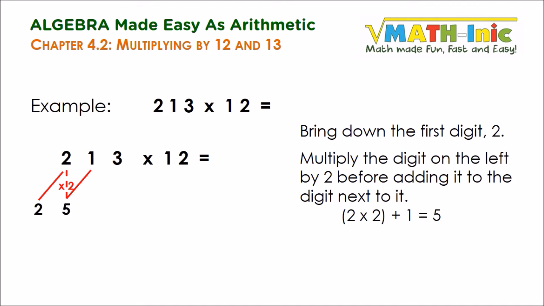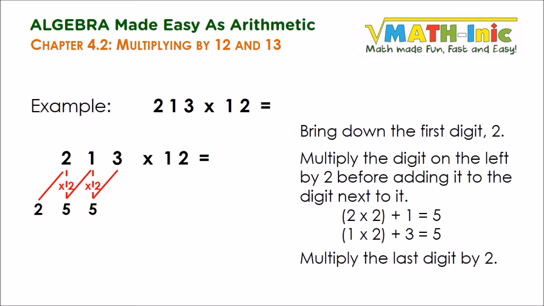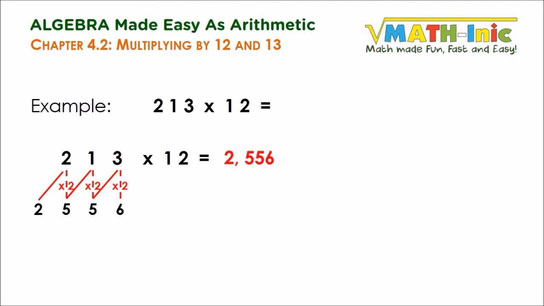We do this to the next one. 1 times 2 is 2 plus 3 is equal to 5. Then we multiply the last digit by 2. 3 times 2 is equal to 6. 213 times 12 is equal to 2,556.